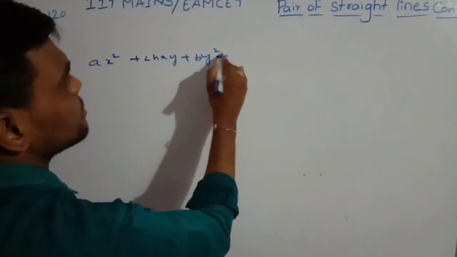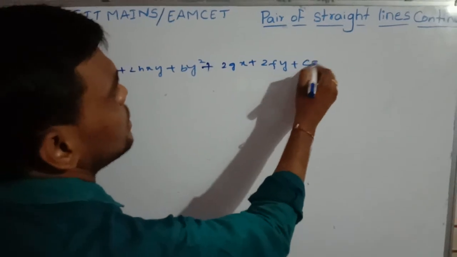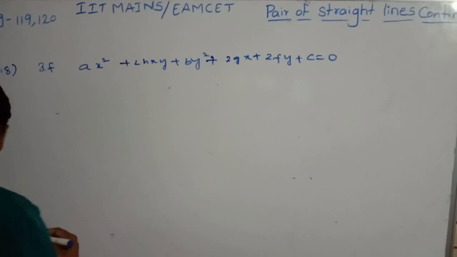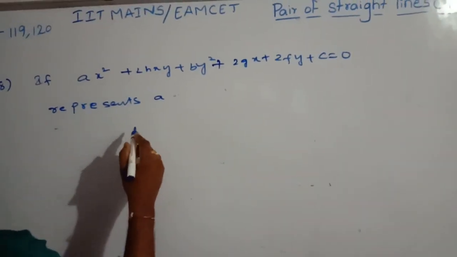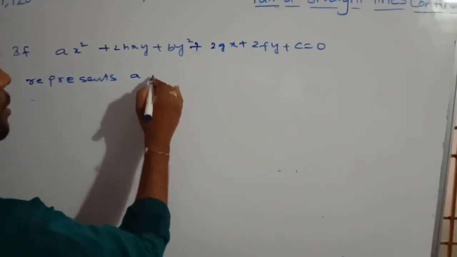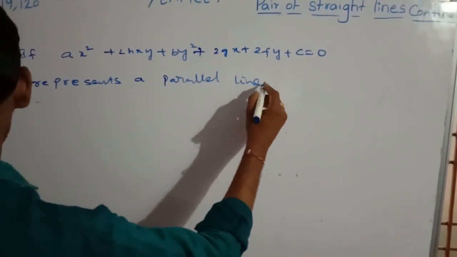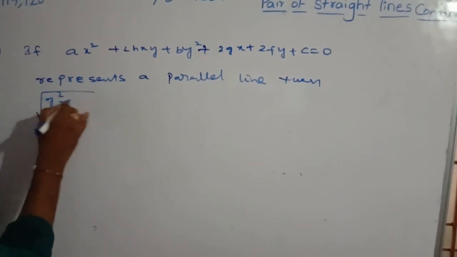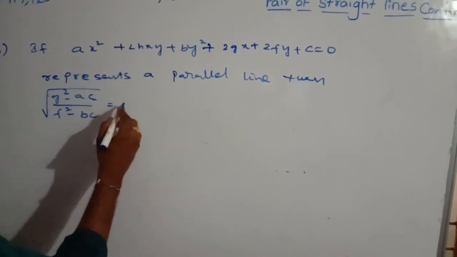Plus 2hxy plus by square plus 2gx plus 2fy plus c is equal to 0 represents a pair of parallel lines, then root of g square minus ac by f square minus bc is equal to something.